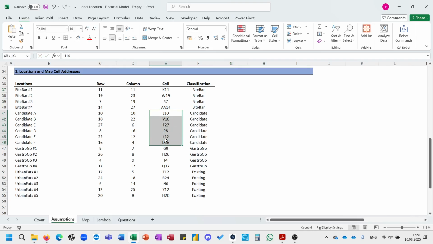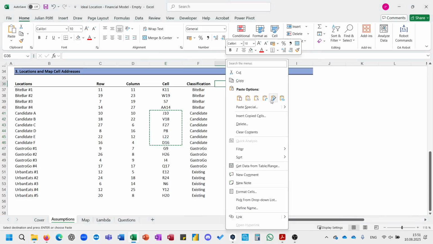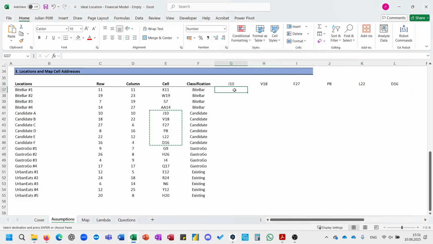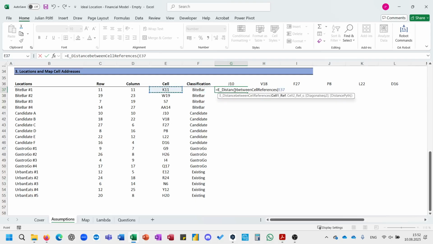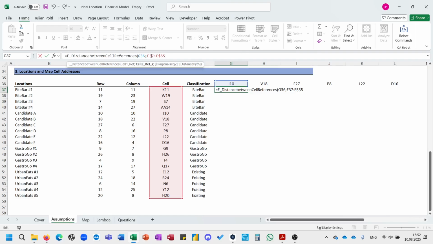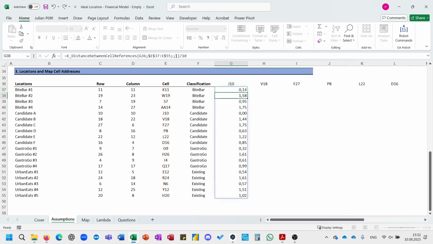First I want to have the candidate cells, and then I calculate the distance between cell references, cell ref 1 and cell ref 2, using the Pythagorean distance divided by 10.